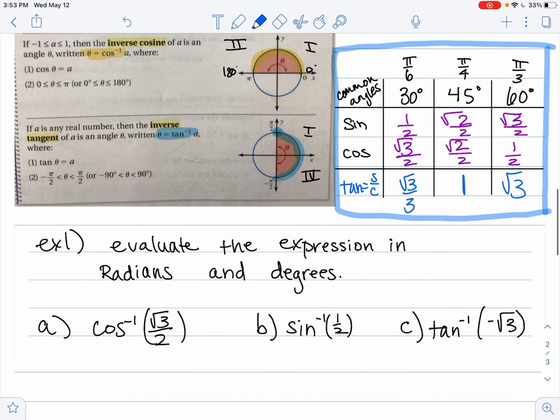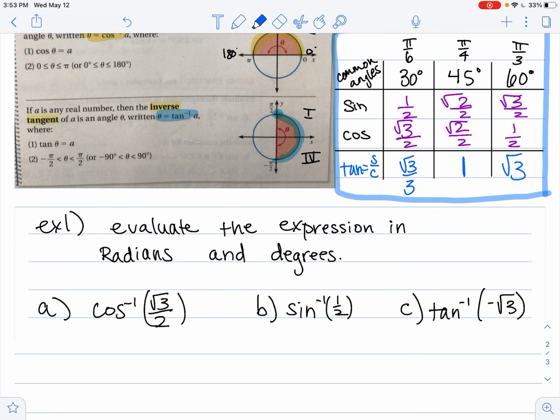You need to be able to reproduce that quickly and easily. Okay, so we're going to use this box to help us evaluate expressions in radians and degrees. So if it says find the inverse cosine of root of 3 over 2, what we're really saying is, what theta does the cosine theta equal the root 3 over 2?